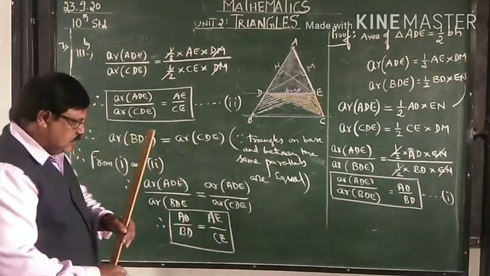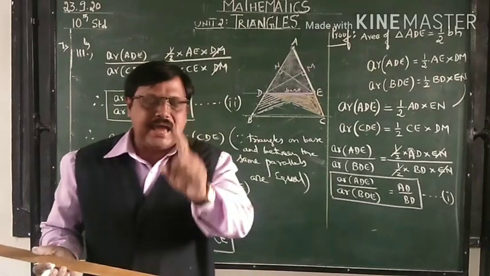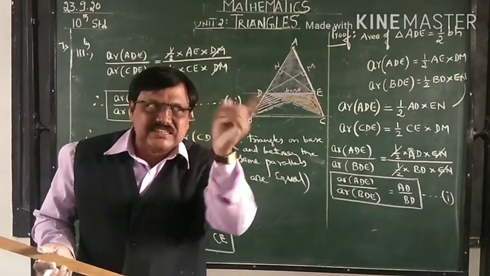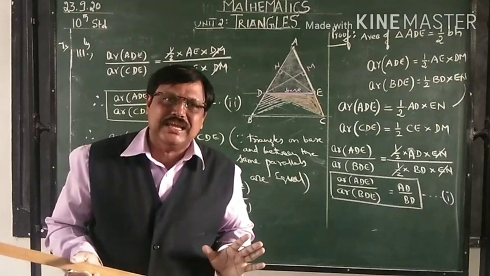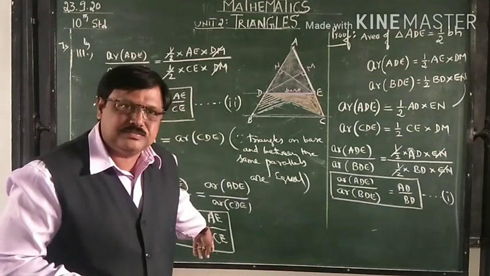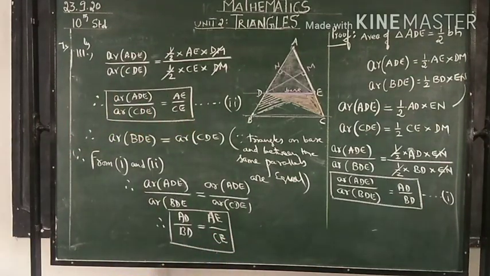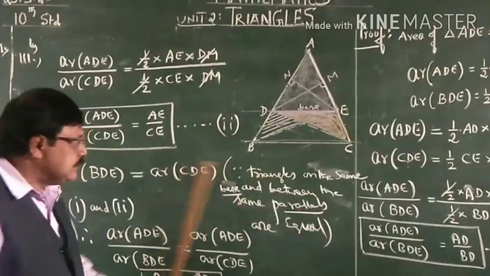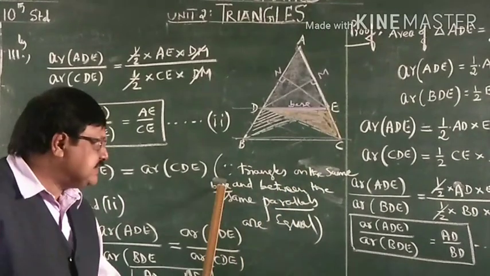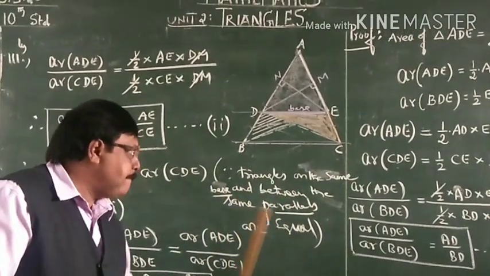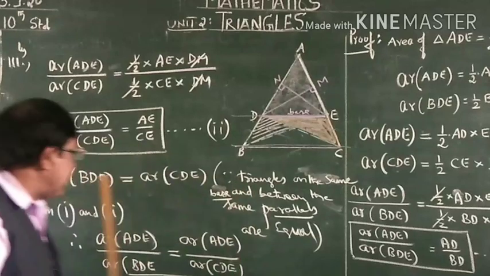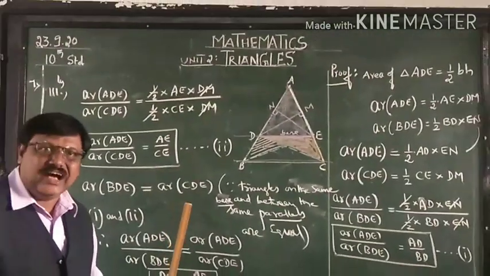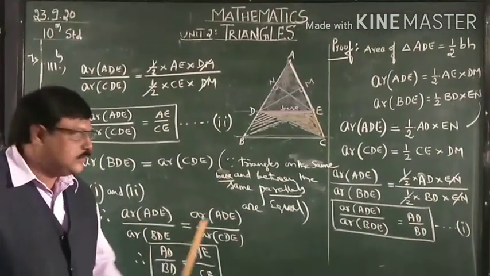What does it say? When a line is drawn parallel to a side, it divides the other two sides proportionally; the ratios are equal. Students, here triangles on the same base and between the same parallels are equal in area, and then I substituted that.